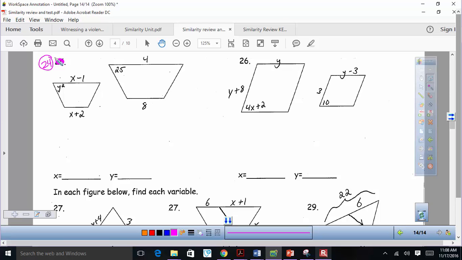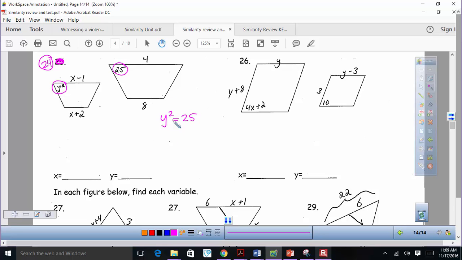Okay, is there a specific x or y that we're not sure how to solve, or we want both of them? Okay, so what is y? Is y a side or an angle? An angle, okay, and so what do we know about corresponding angles? They're equal. So we get y squared equals 25, okay? Remember, all we want is y.